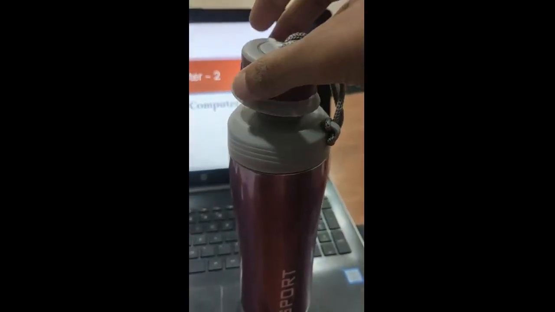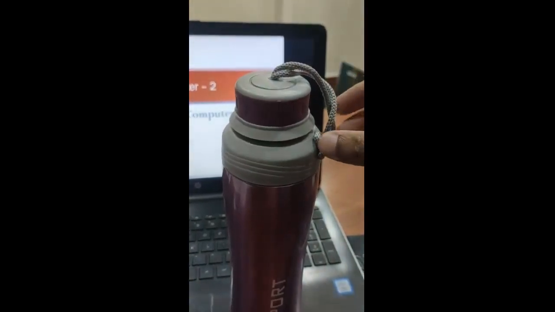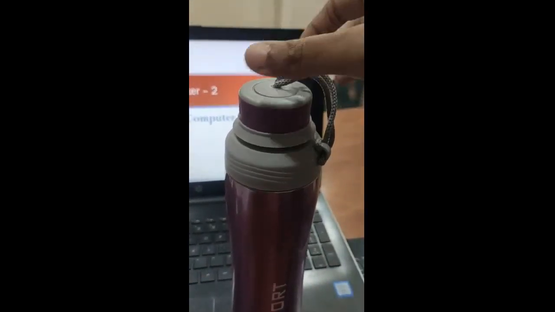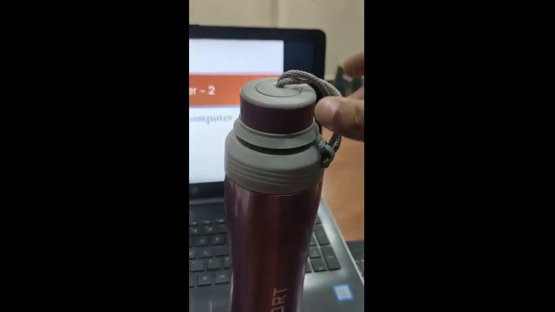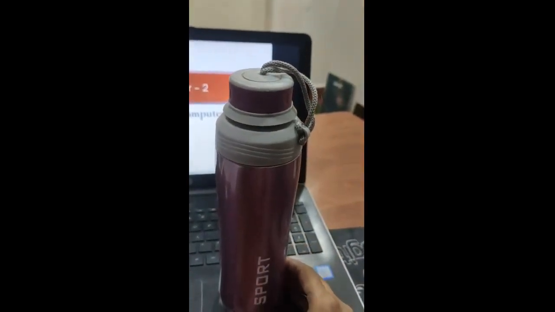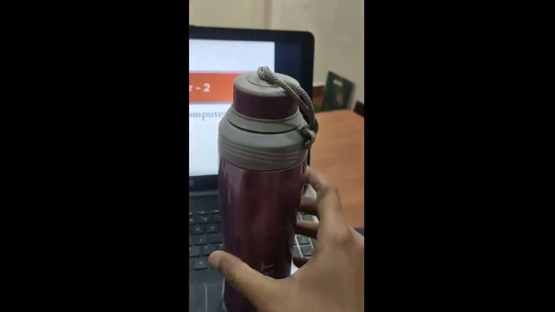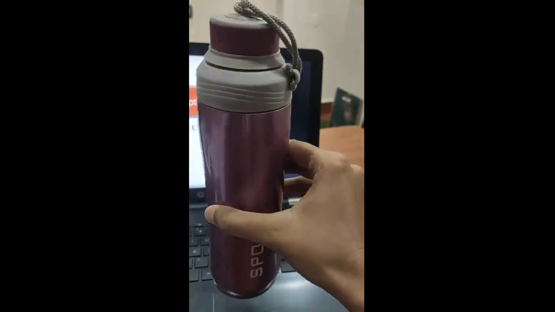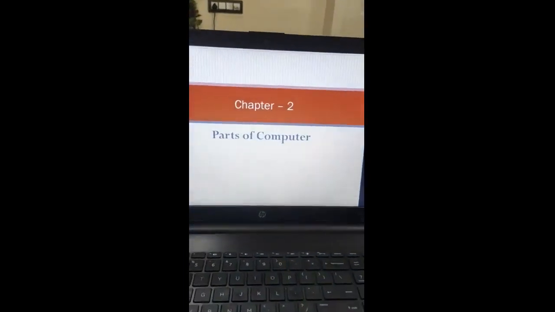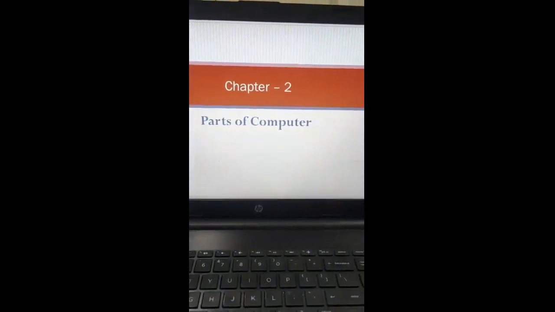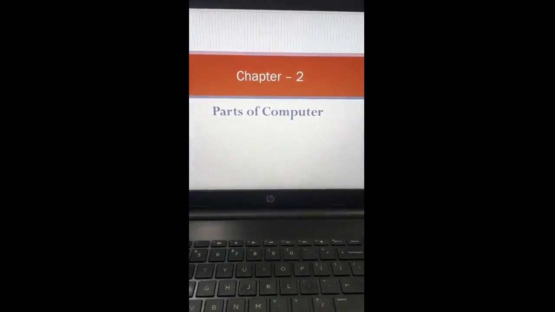This is the cap of the bottle and it is attached with a rope to carry it. So we can consider the cap and rope and the lower body of the bottle as making a complete bottle. Using that we can drink the water. Isn't it, dear children?